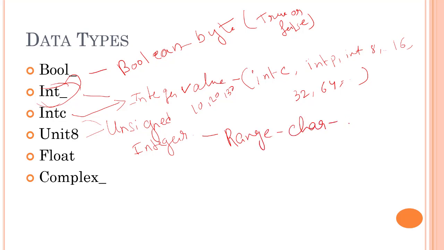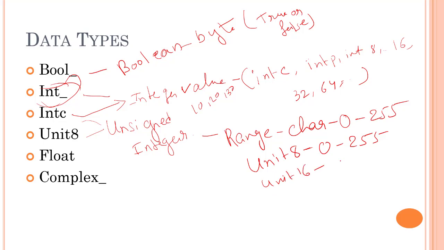Whenever we use a character data type, the range is 0 to 255. Here when we use unsigned integer, uint8, it is also stored as 0 to 255. But when it comes to uint16, it has a variation: it starts with 0 to 65535, and it continues till 64, and the range will vary.